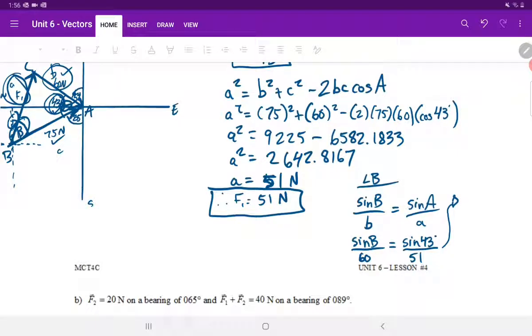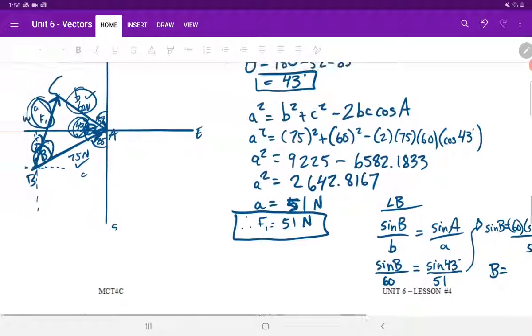Cross multiply everything. You're going to end up getting sine of B is equal to 60 times sine 43 divided by 51. And then we're going to take the sine inverse of that.